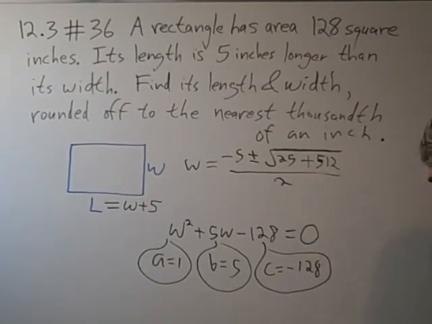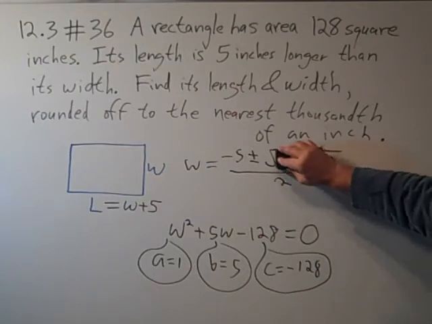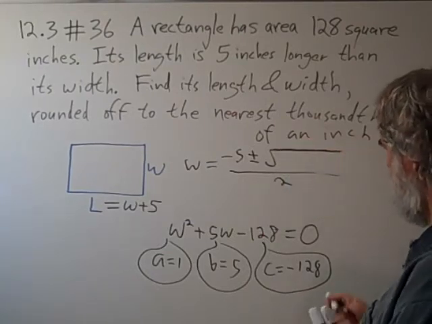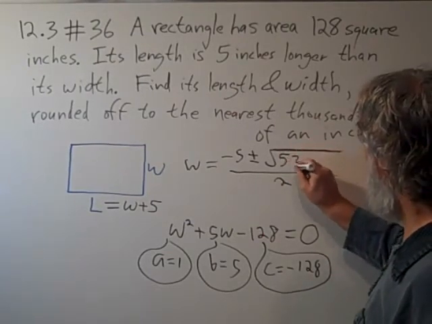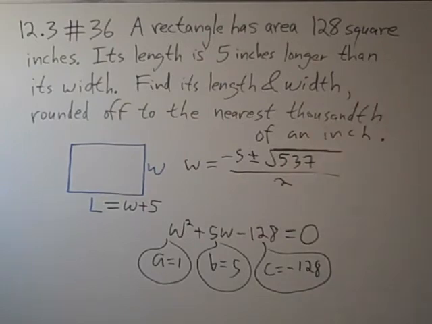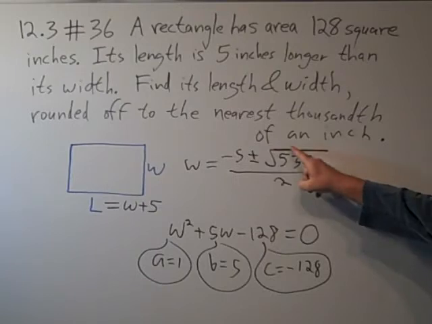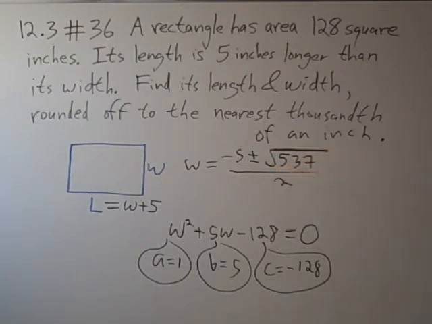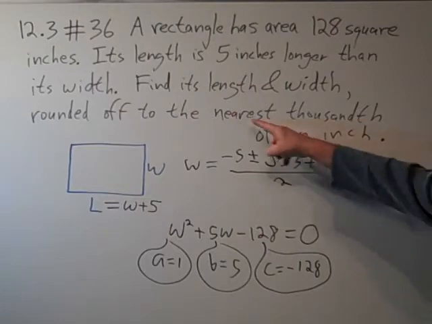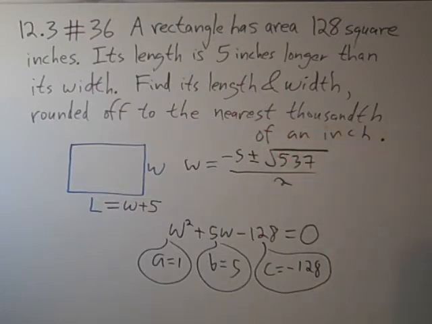And 512 plus 25 is 537. We don't even have to concern ourselves with simplifying this radical because we only are interested in the numeric answer rounded off to the nearest thousandth of an inch.